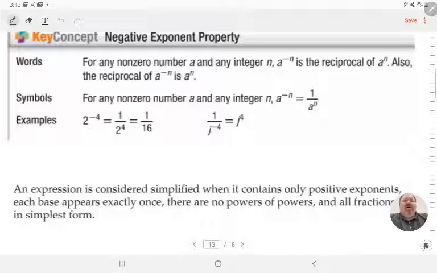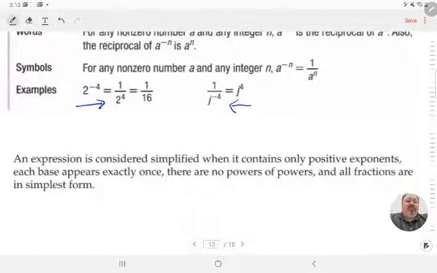So in other words, if I had 2 to the negative 4th power, its reciprocal would be 1 over 2 to the 4th power, or 1/16. And the opposite of that, if I have 1 over, let's say, j to the negative 4th power, the reciprocal would be j to the positive 4th power. So you're just kind of flipping them over, okay?